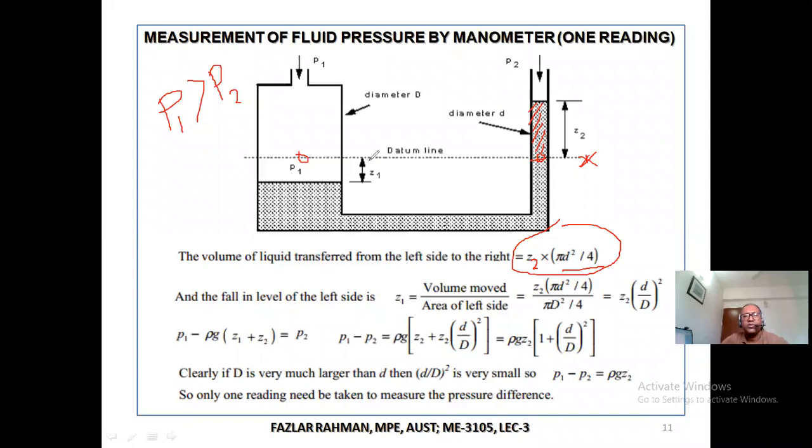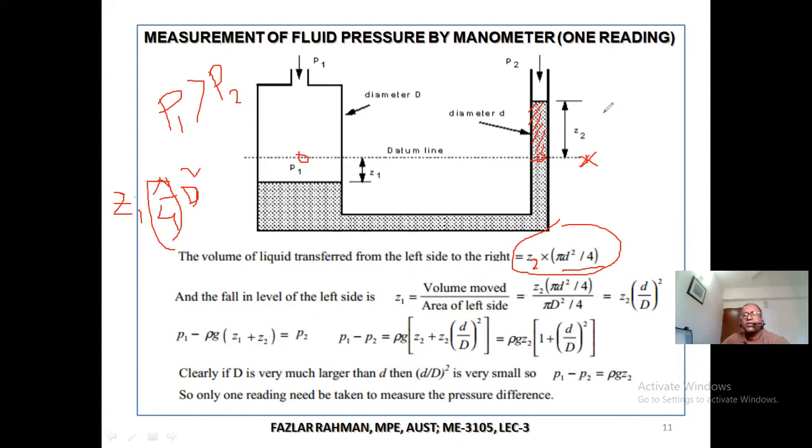Now, how can we figure out the height Z1? Because the volume of fluid is the same, right? So how much is the left side volume? I can say Z1 into pi by 4 big D square. This much volume from the left side went to the right side.